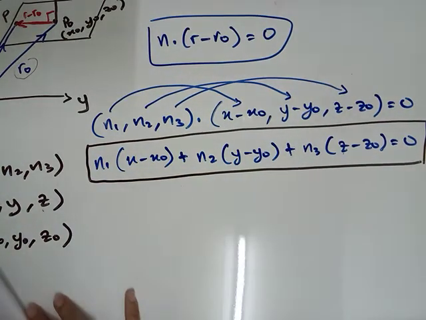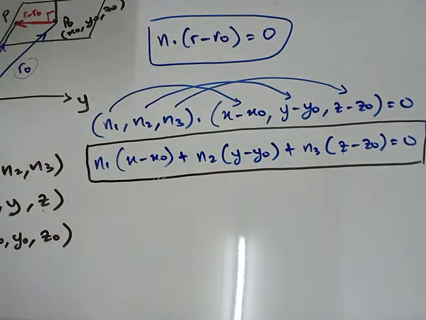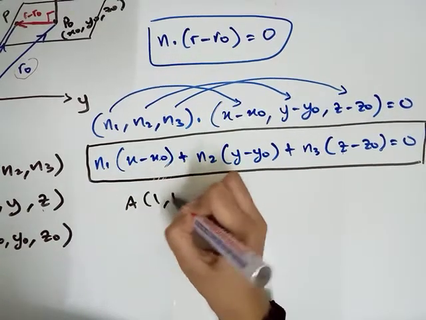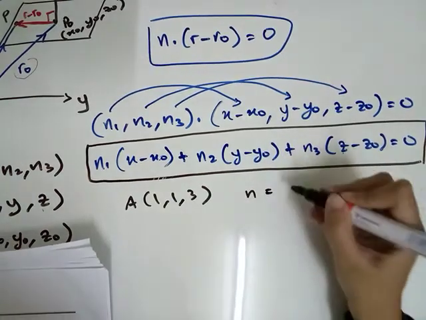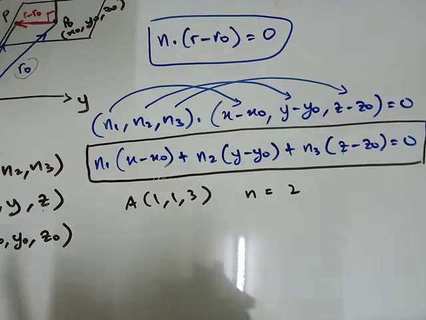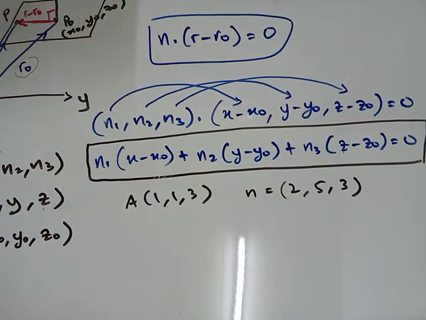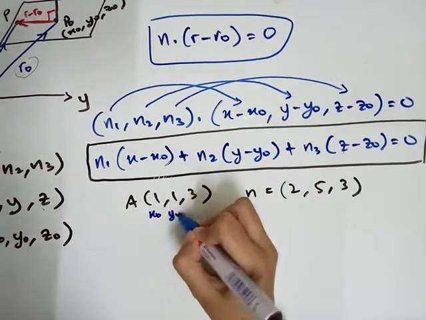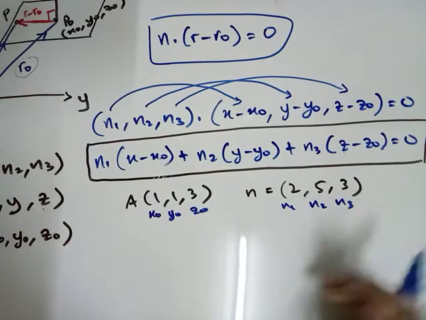In example 27, the point A is given as 1, 1, 3, and the vector n is 2, 5, 3. So for point A, we have x naught, y naught, z naught, and vector n is n1, n2, n3.